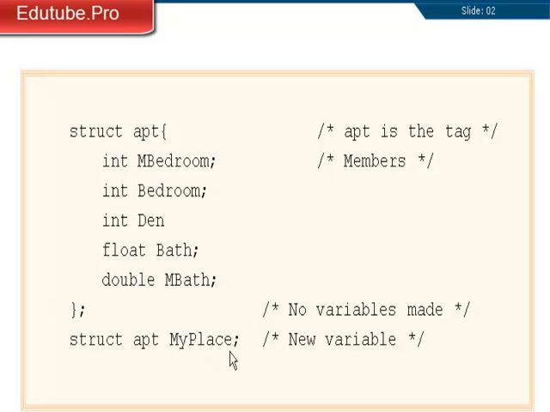Our variable name is myPlace. Now myPlace will be large enough to contain 3 integers, a float, and a double. All of those things will be end to end, just like this in memory, one right after the other, and they will be in the format of APT because we use this tag when we defined our new variable. So we have created a variable called myPlace and reserved storage. Let's go look at this in some real code.